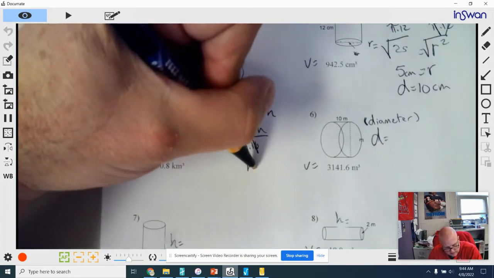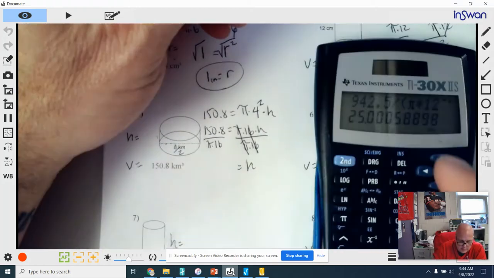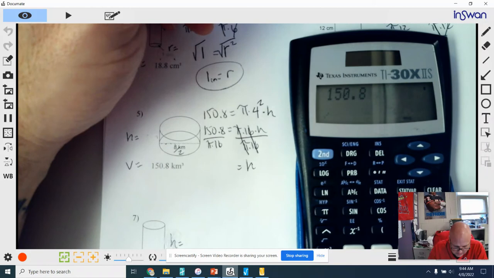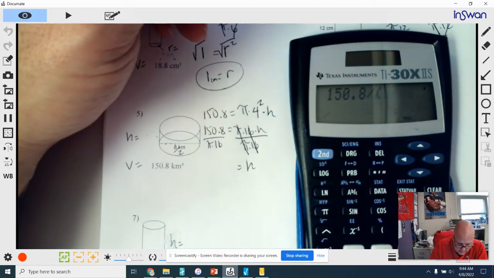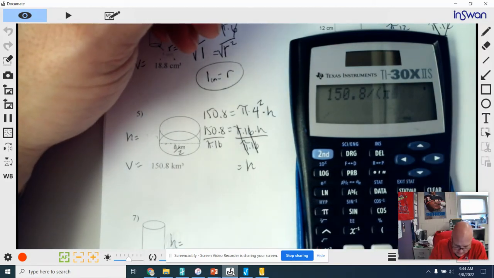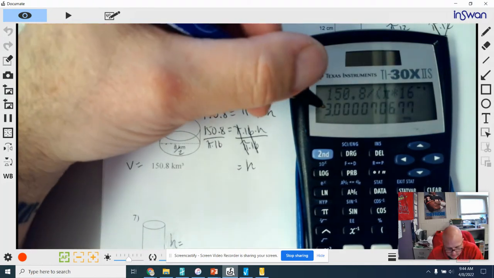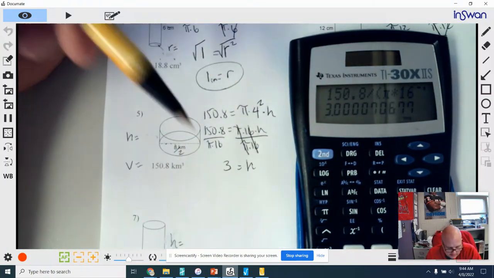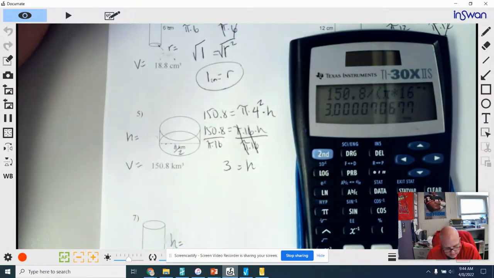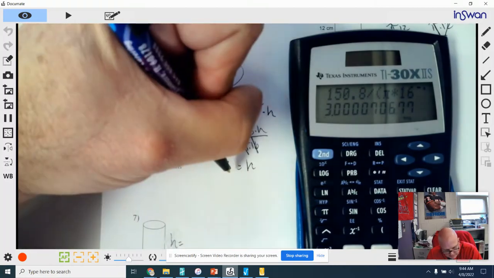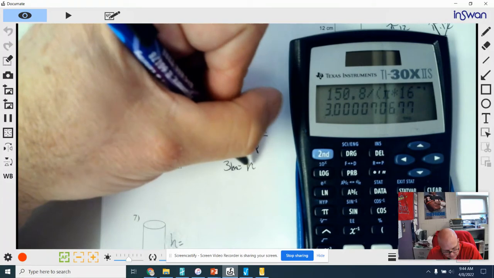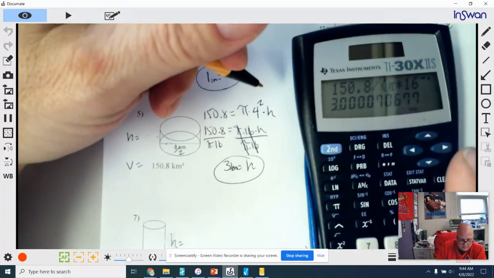So we get h. Okay, I'm going to go ahead and do 150.8 divided by, opening parentheses, pi times 16, closing parentheses. Round that to the nearest whole number, 3. We don't need to take the square root of anything because this is the height. It wasn't the radius squared. Don't forget to put our label on that, it looks like we're talking about kilometers. So height equals 3 kilometers.